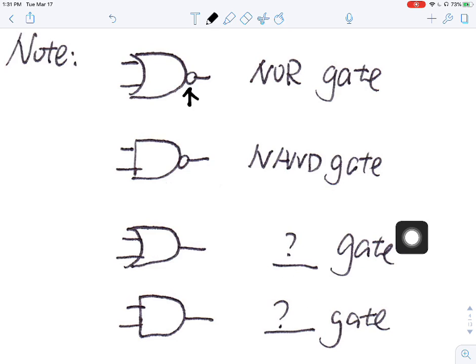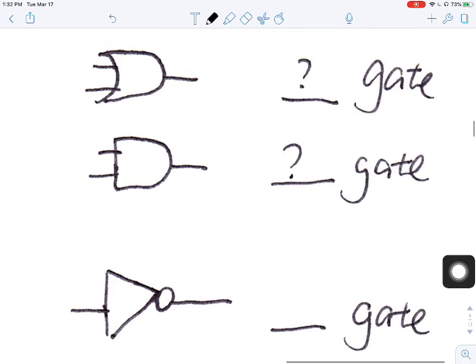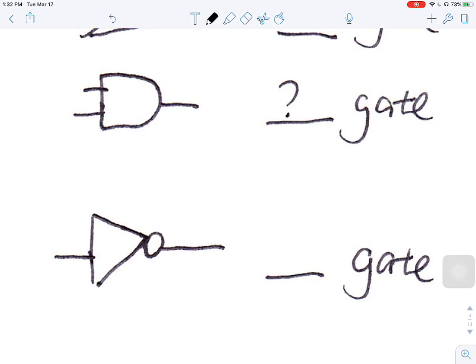So what's the name of this one? Without the circle, of course, it's an OR gate. This one here, without the circle, is called an AND gate. And one more thing, test, what is this called? Can anybody tell me what's the name of this logic gate?